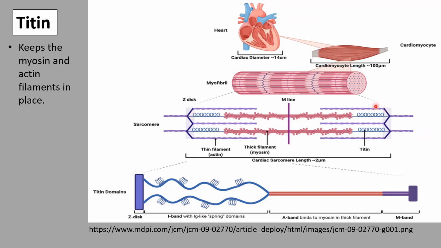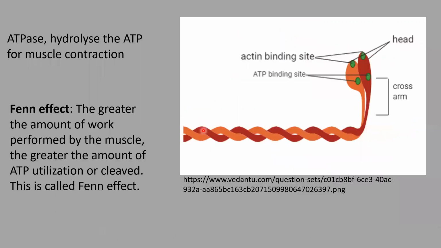These Z discs come closer toward the M line. So during muscle contraction, we will talk about the sliding filament. Titin keeps the actin and myosin in proper place, and it is a spring-like protein that maintains the structure of the sarcomere.